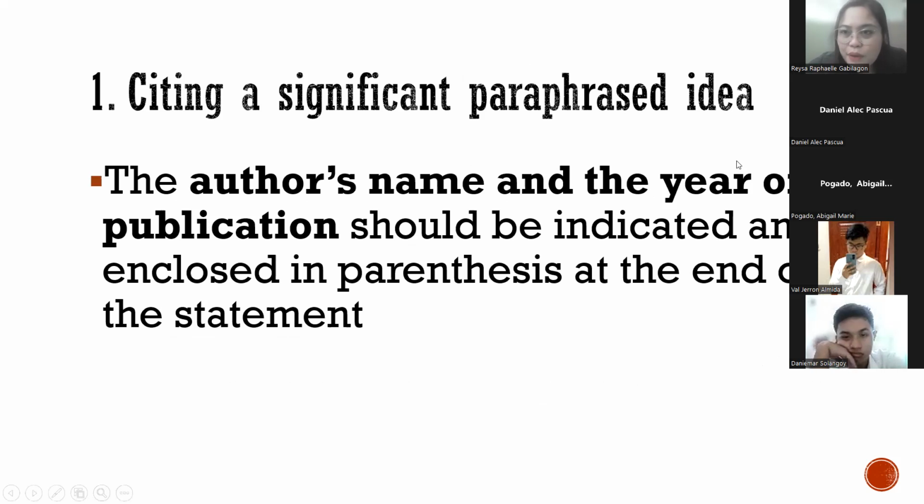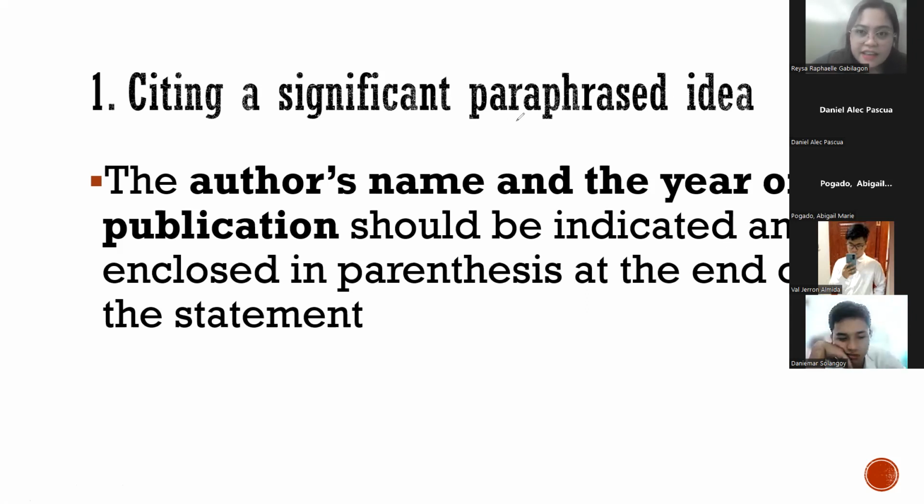Okay? So how are we going to do a parenthetical citation? We can do parenthetical citation if we are citing a significant paraphrased idea. Again, copy-pasting is not allowed in research kasi that is a form of plagiarism. Even if nag-cite ka ng author, pag hindi mo yan pinaraphrase, that is still plagiarism class. So do not forget to paraphrase.